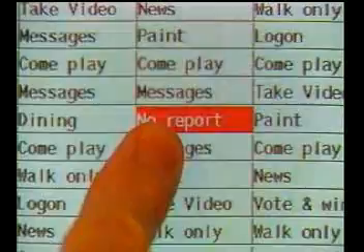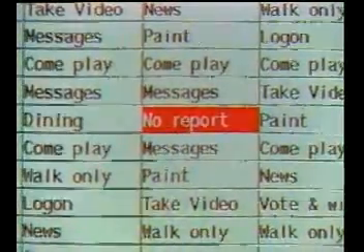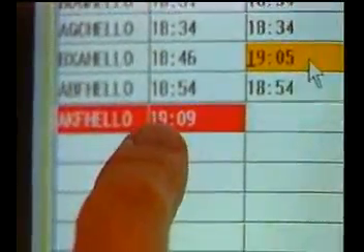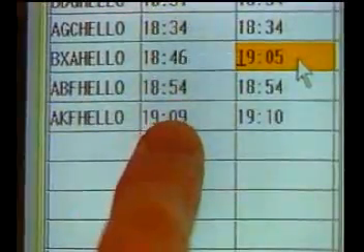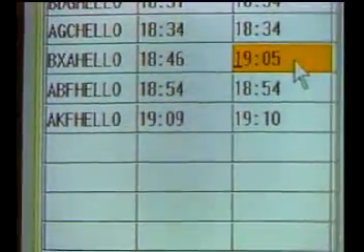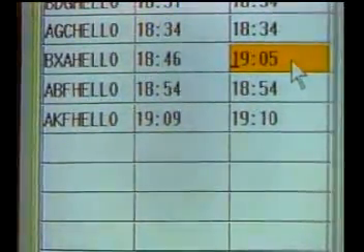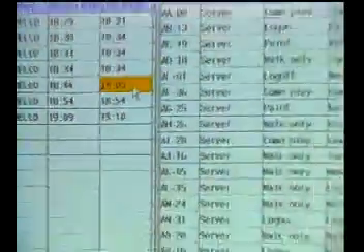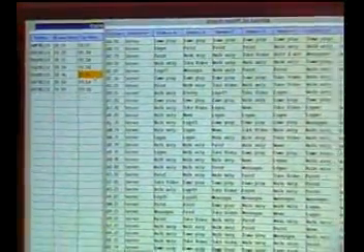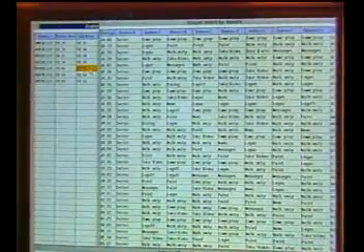We logged that here in a way that shows us AKF, and we also logged it over here in the station down report showing that it went down at 7:09 in the evening. If this persists for more than a few minutes, we'll send someone to investigate that problem. And as you see, even while we're looking at it, it has now self-corrected itself and was down for only 1 minute.